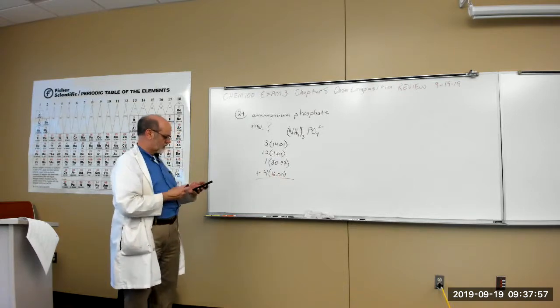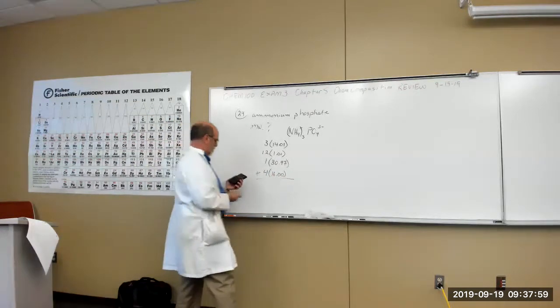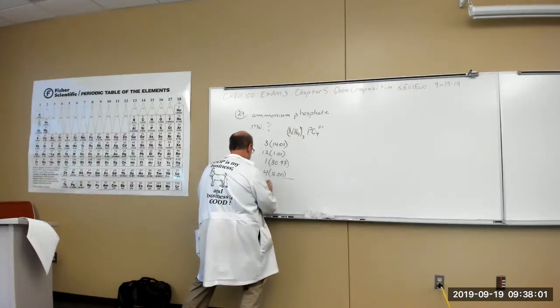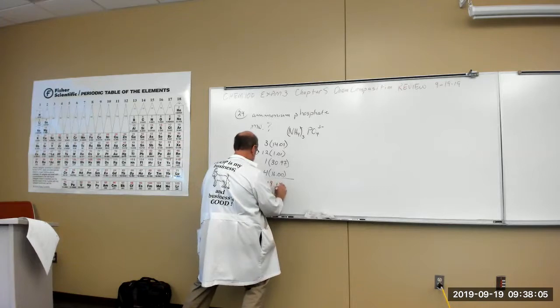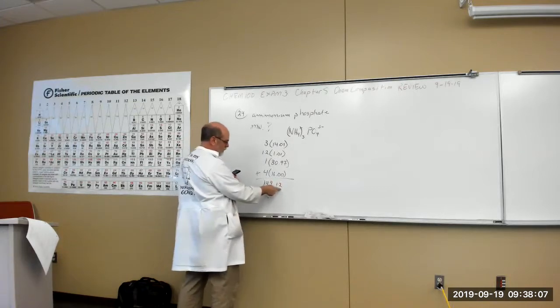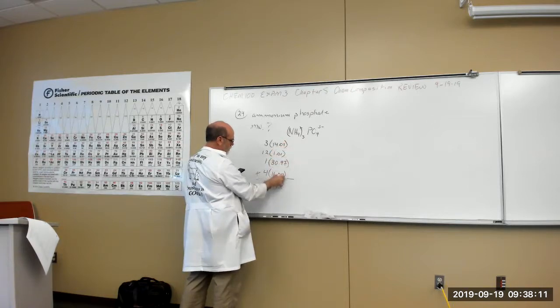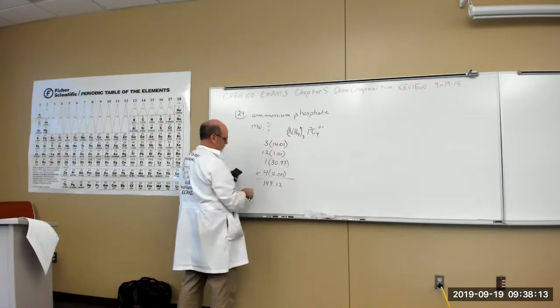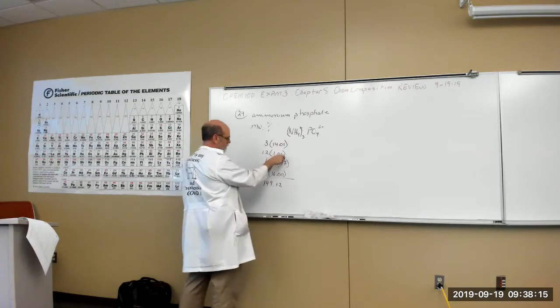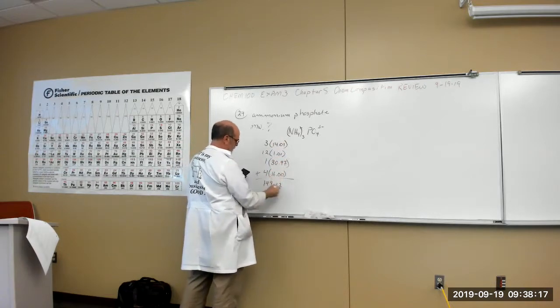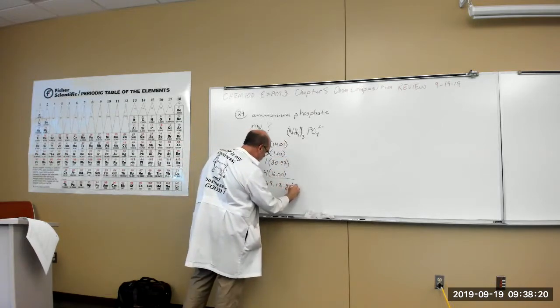So I get 149. And I get to keep both of those decimals because we have 2 decimals all the way up and down. Even if you multiply them out, you still get those 2 decimals. So I get to keep both of them.